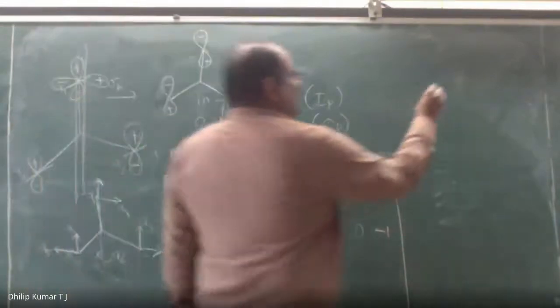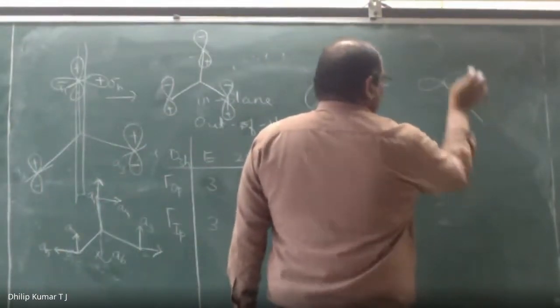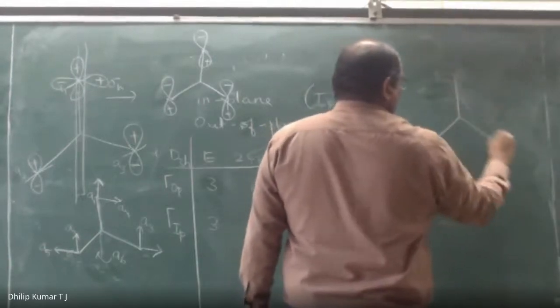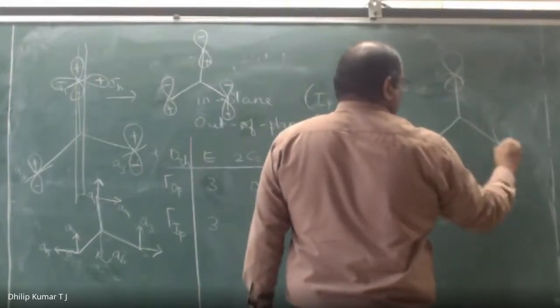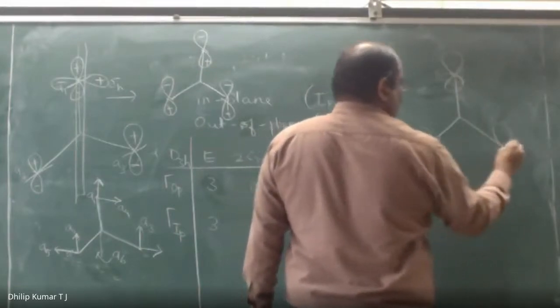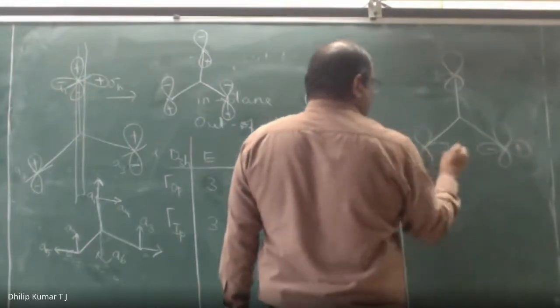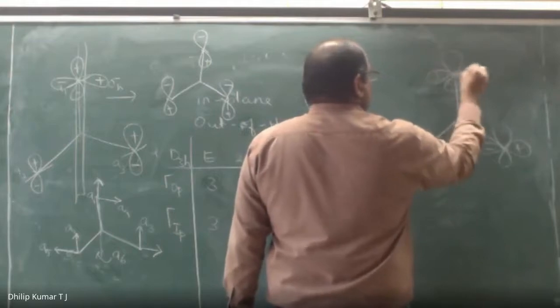So basically, we are just building this as 1. So this is 1, this is 2, this is 3, right? And then there is another p orbital here, plus, minus, so this is plus, minus.